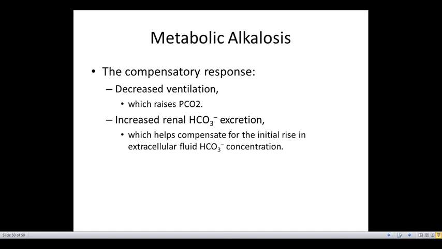And this helps compensate for the initial rise in the extracellular fluid bicarbonate ion concentration. I stop here to end today's lecture.